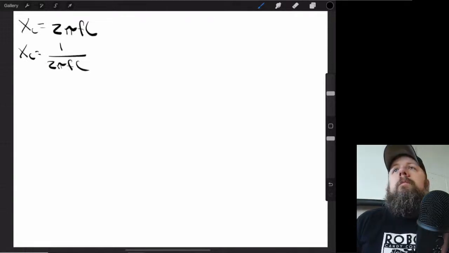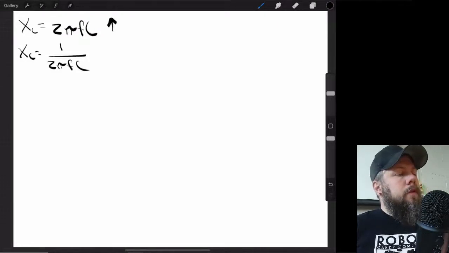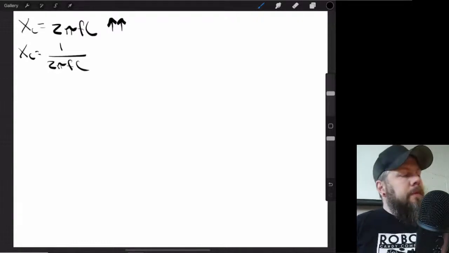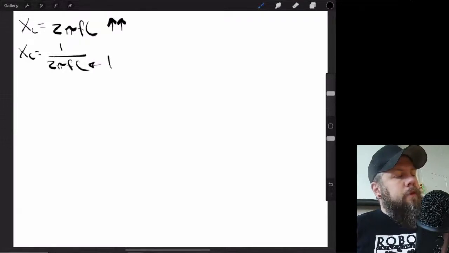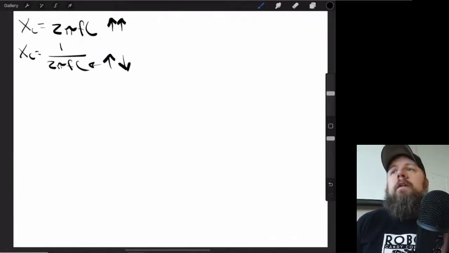Now, this is an inverse relationship, since frequency is under here. If my frequency goes up, what does my capacitive reactance do? It goes down, right? And vice versa.